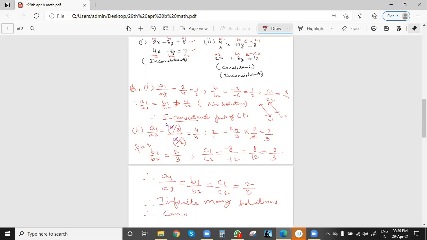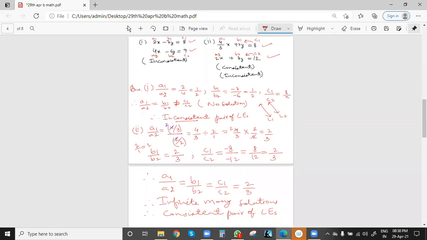What is a consistent pair of linear equations? These linear equations 1 and 2 are consistent. Consistent means they are giving one solution or many solutions. Broadly, we can say they have a solution, and the solution is the x and y value.